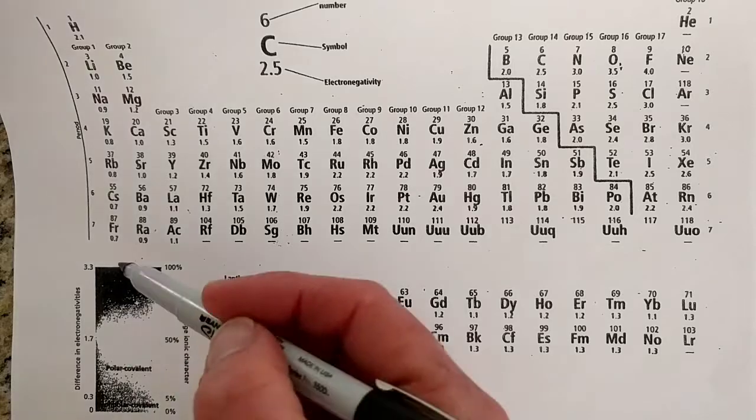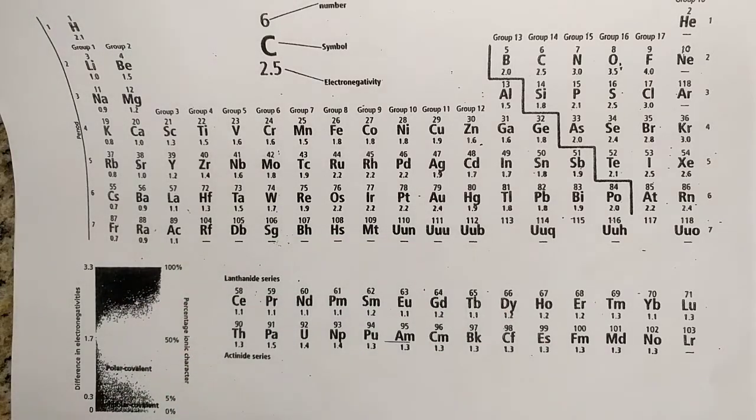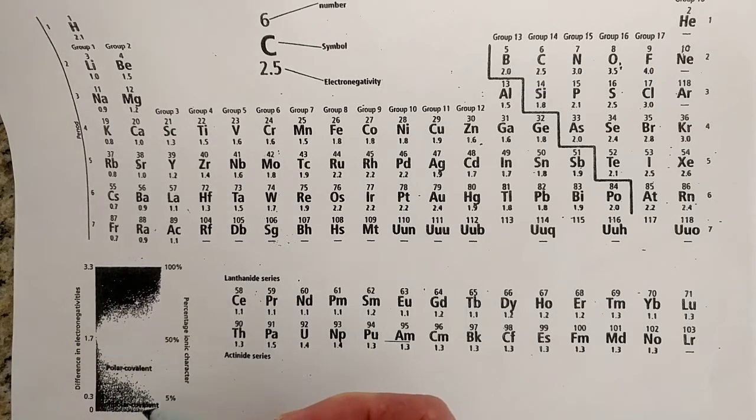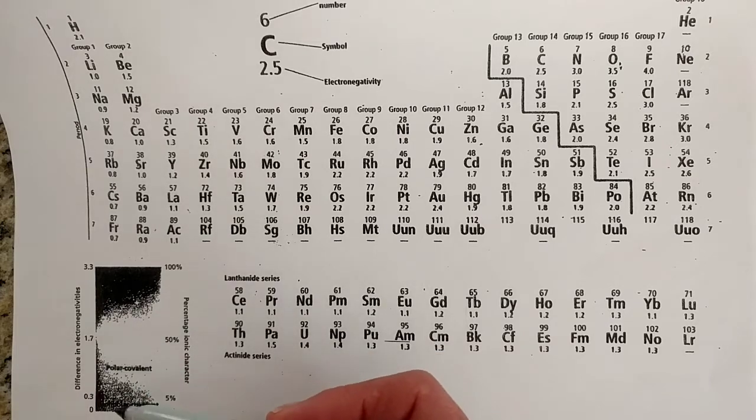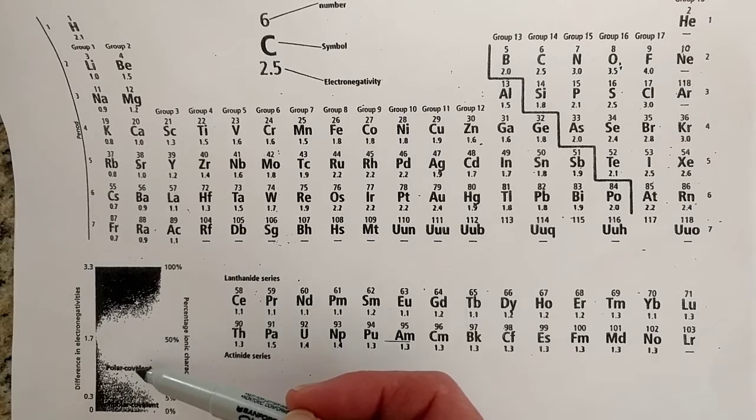In this chart, it's kind of hard to see, but down here at the bottom, it says non-polar covalent. In the middle, it says polar covalent. And up here, you can't see it, but this says ionic. So we're going to look at these three bond types. So far, we've just had covalent and ionic, but we can break covalent bonds into two types, non-polar covalent and polar covalent.